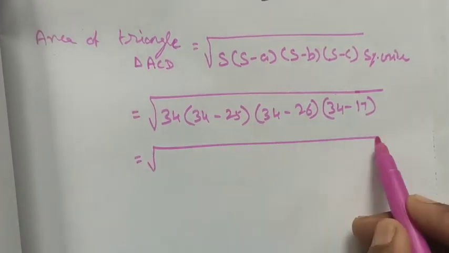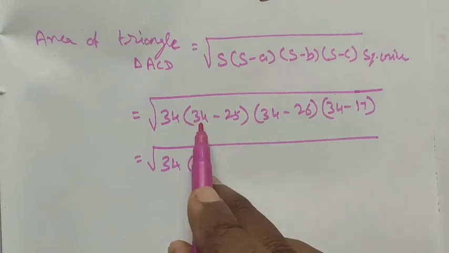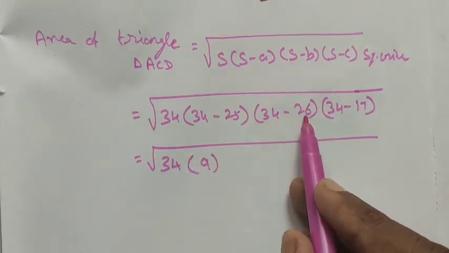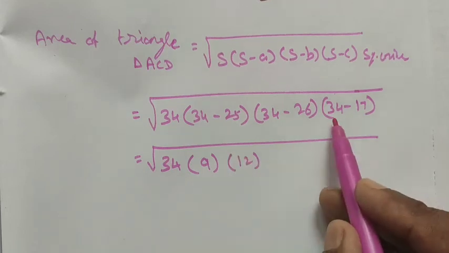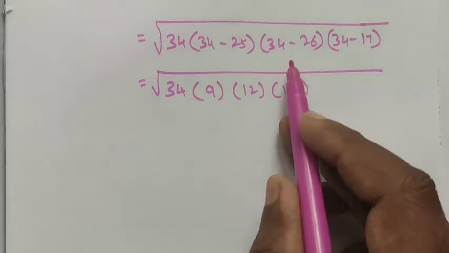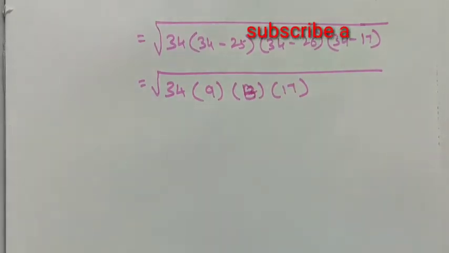Now simplify this, we get 34. 34 minus 25 is 9. 34 minus 26 is 8, not 12, right? 34 minus 17 is 17.